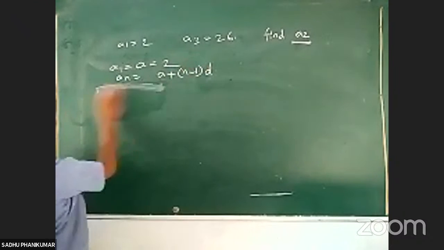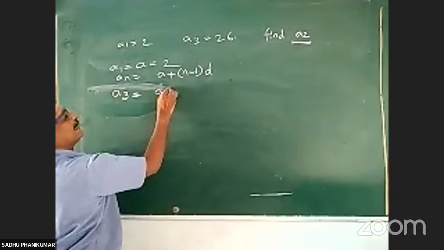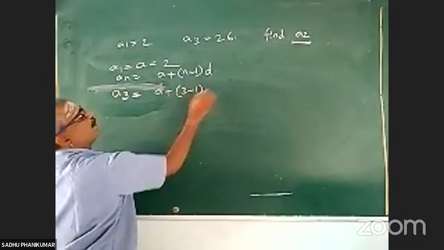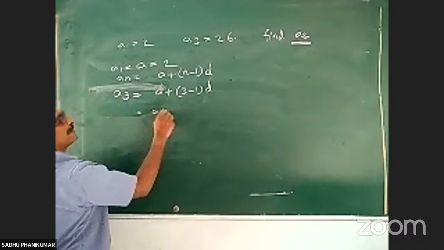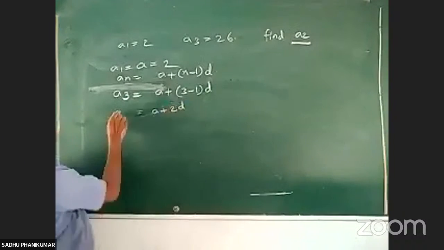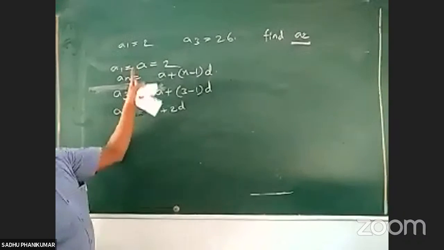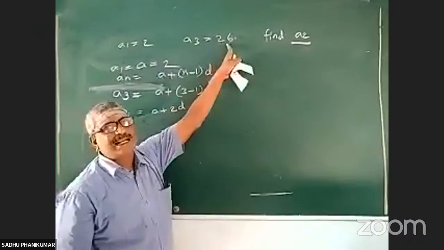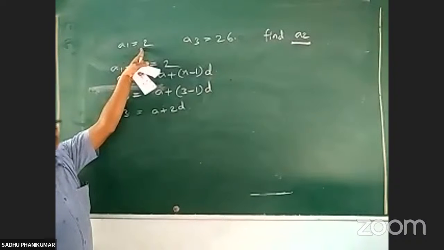So in this case, a3 is equal to a plus 3 minus 1 into d, that is equal to a plus 2d. We already have the values of a3 and also a1, both values are with us.